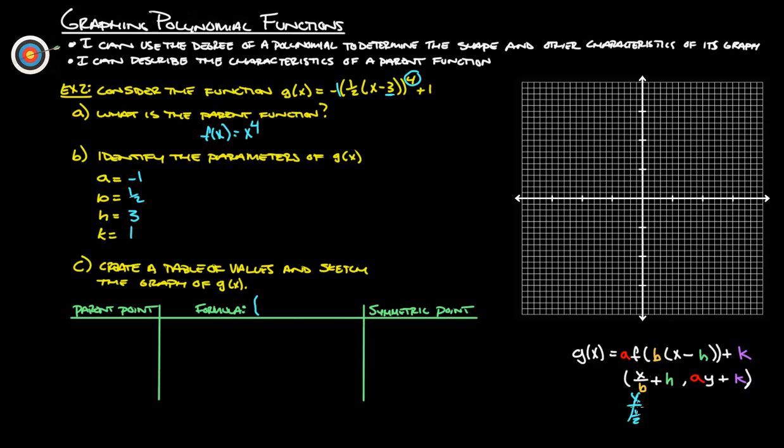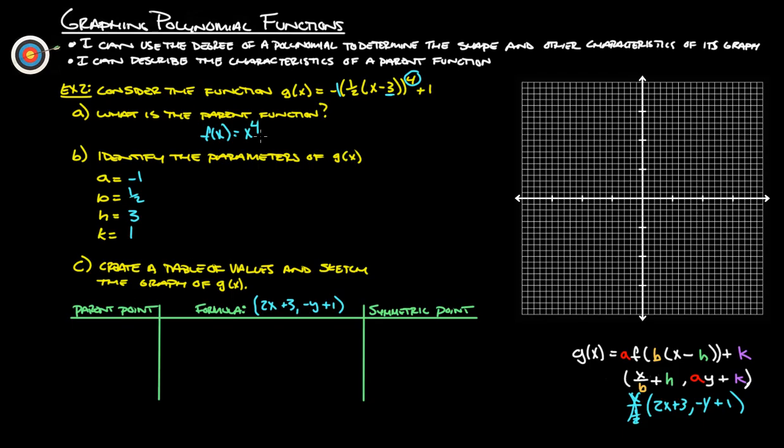So instead of writing that, we're going to write 2x and then plus the h, plus 3, is part of it. And then a is -1, so we do -1 times y, or just -y. And then we're going to add k, which is +1. All right, so here's our formula. So we just write 2x plus 3 and -y plus 1.